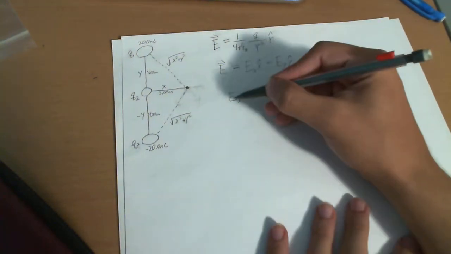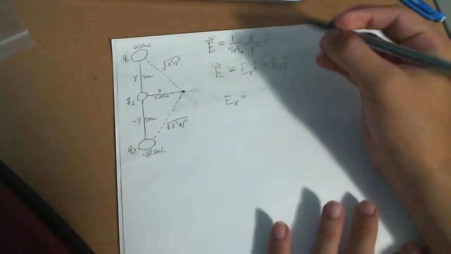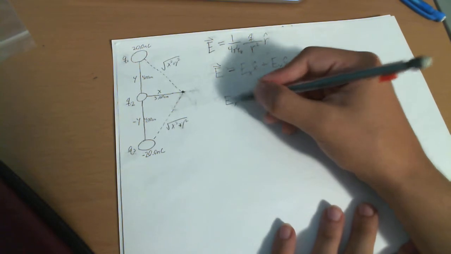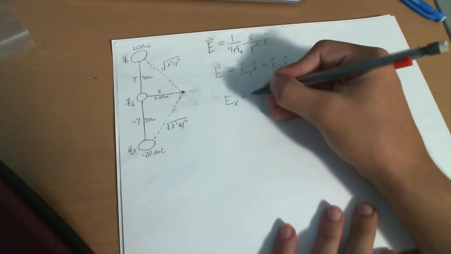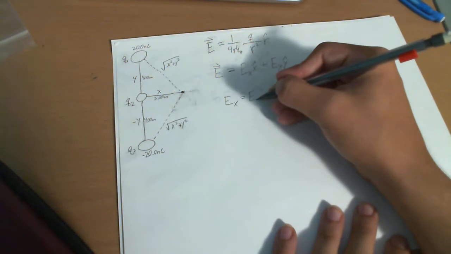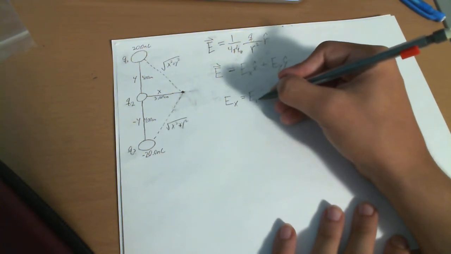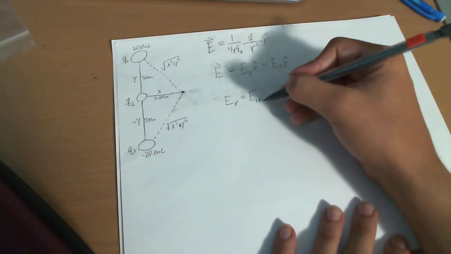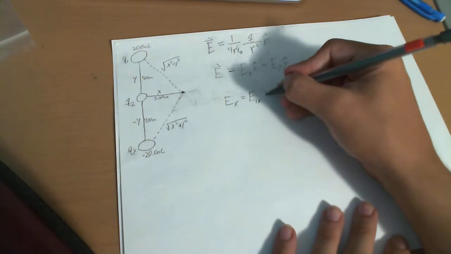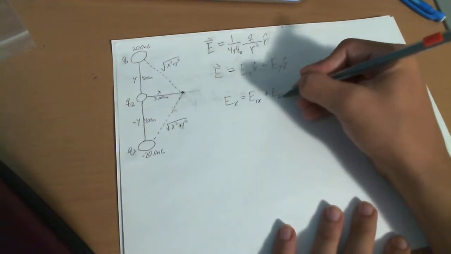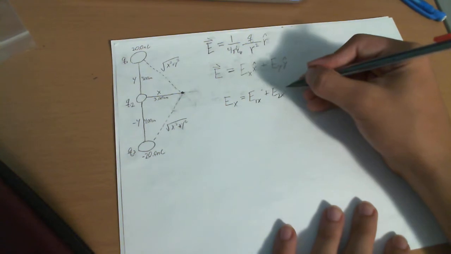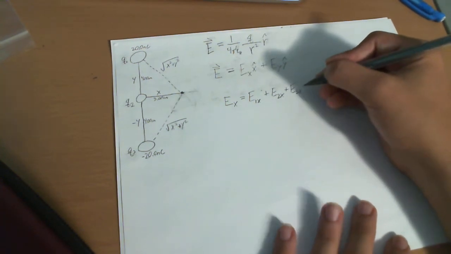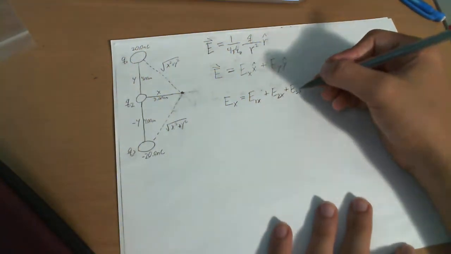Okay, so the total electric field x component is going to be the sum of the electric field from charge 1, its x component, plus the x component of the second charge, plus the x component of the third charge's electric field vector.